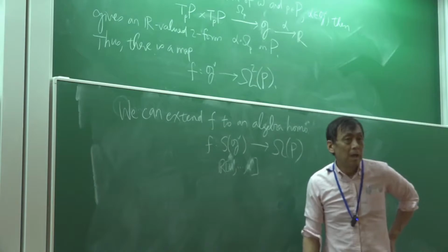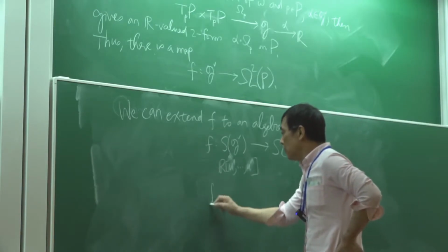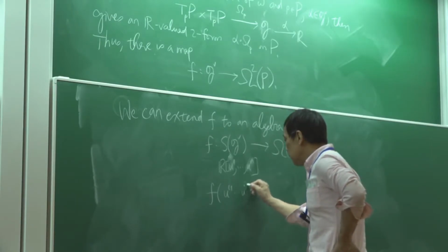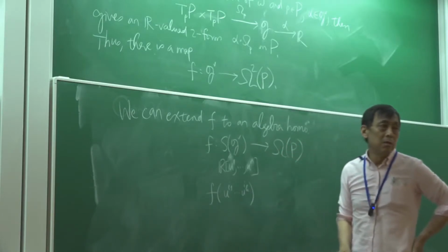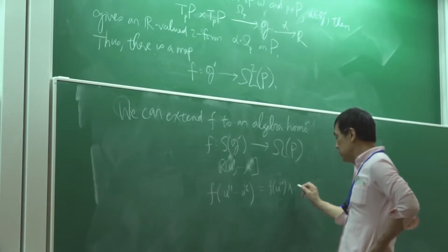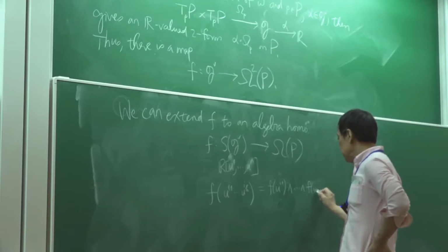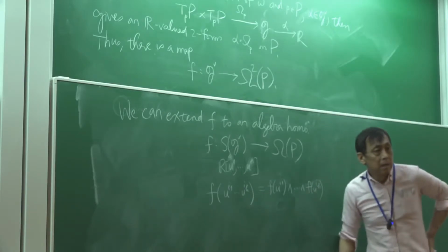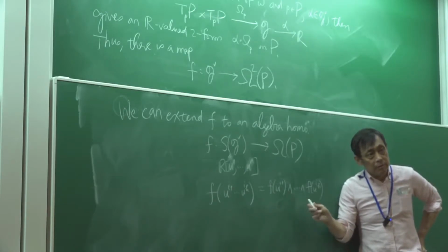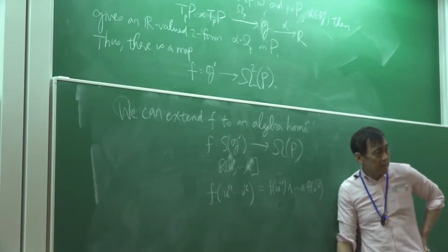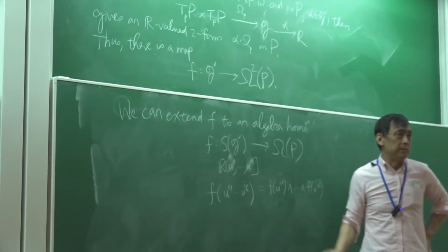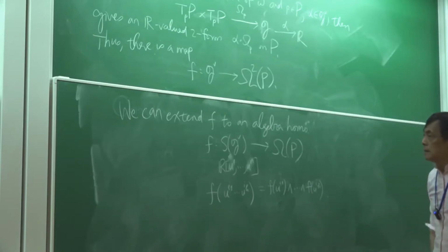And so F of u i1 to u ik will be F of u i1 up to F of u ik. But this is a product of two forms, so they will commute. And so it's well defined. If you change the order of the u's, you get the same thing.